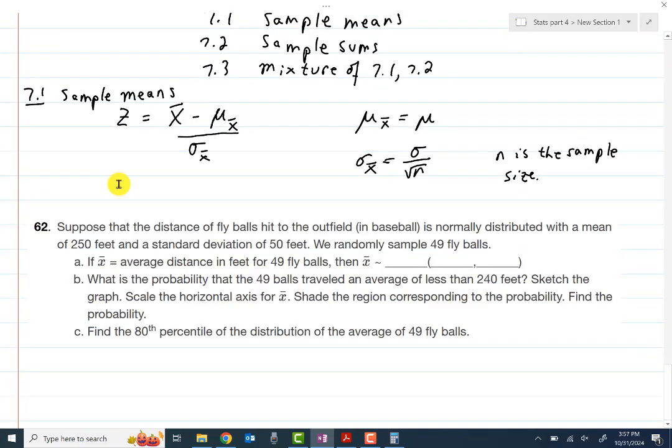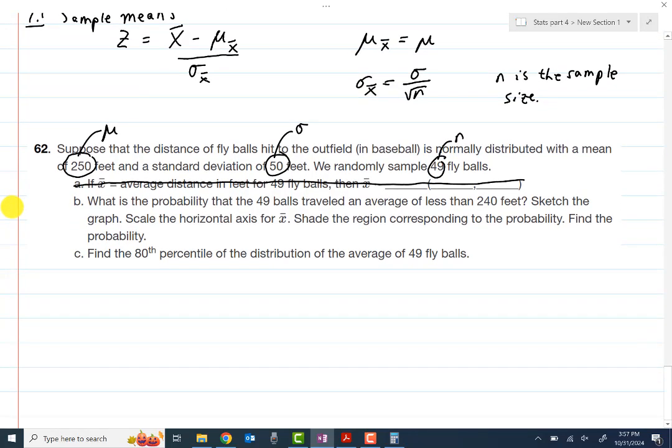To illustrate this, let me get rid of part A and let me write down what we know. 250 is my mean, 50 is my sigma, 49 is my n. So let me get these things in here. Mu sub x bar is going to just be mu, so that's 250.